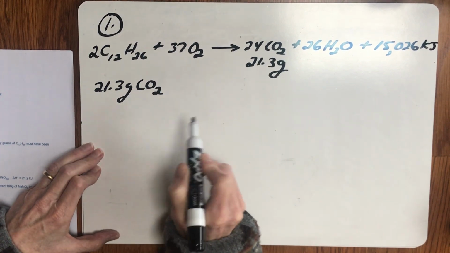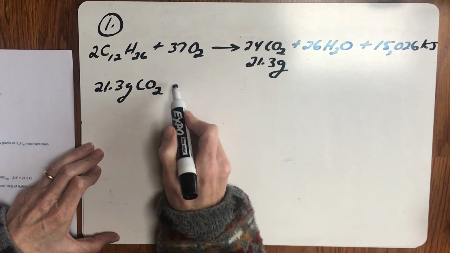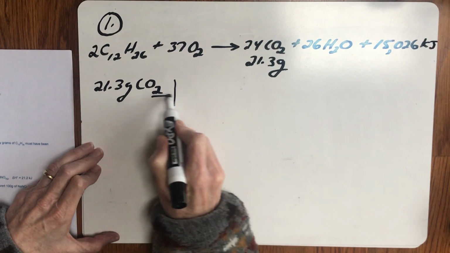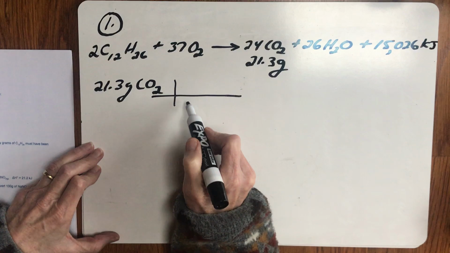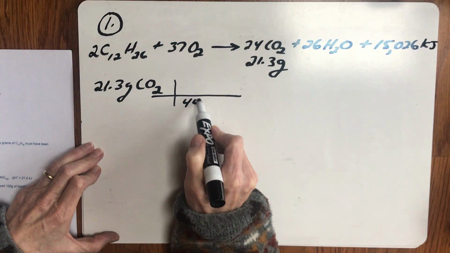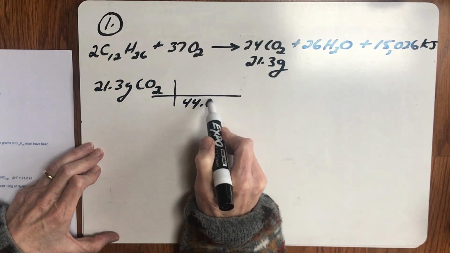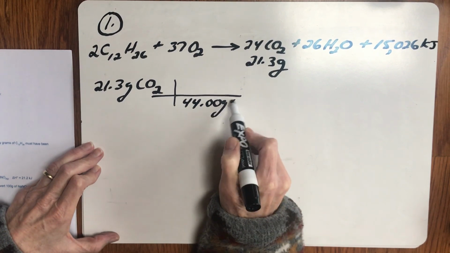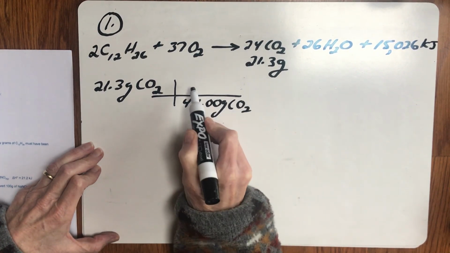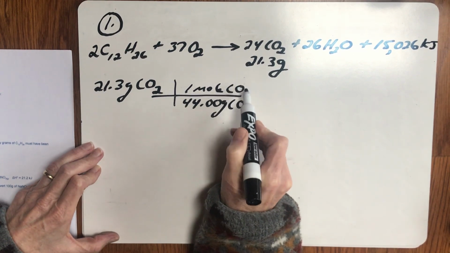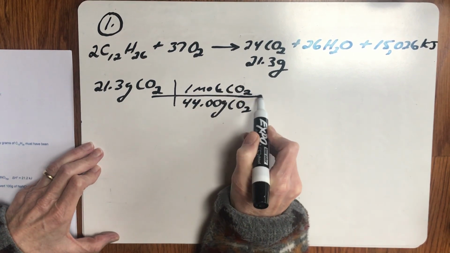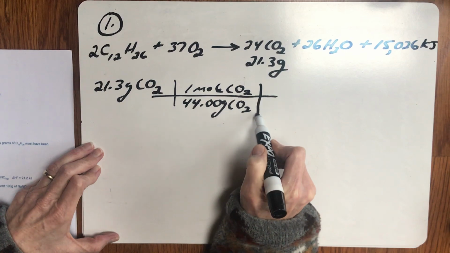Always start out with what you're given in the problem. Then you're going to set up the old familiar picket fence, and we're going to say that there are 44 grams of CO2 in every 1 mole of CO2. That's just our molar mass of carbon dioxide.